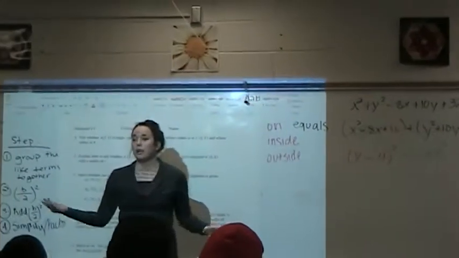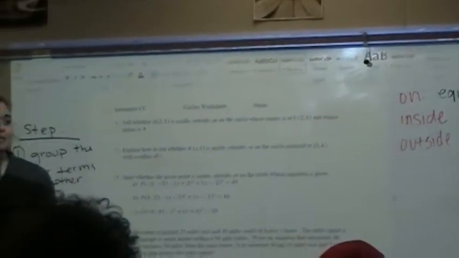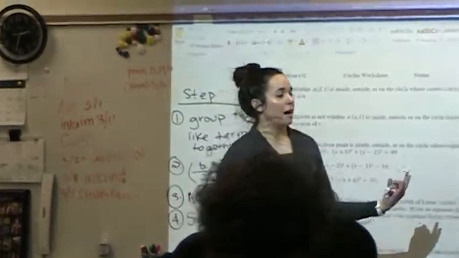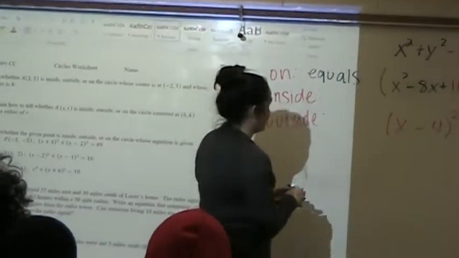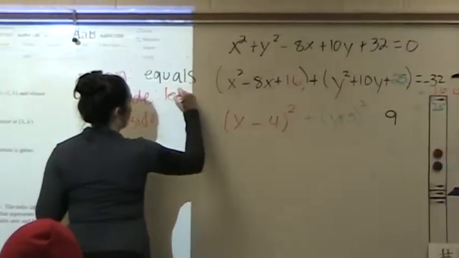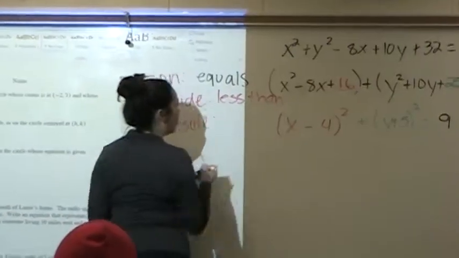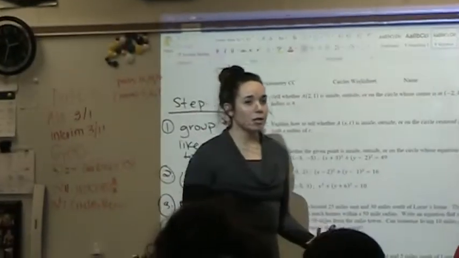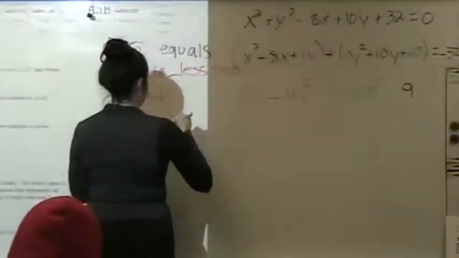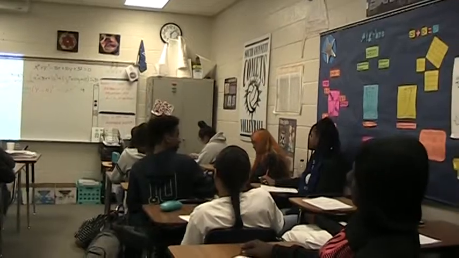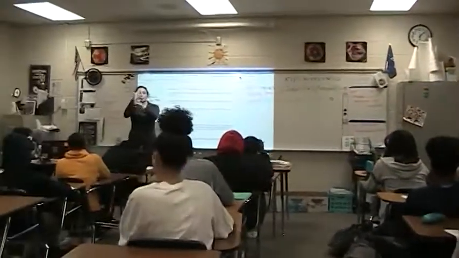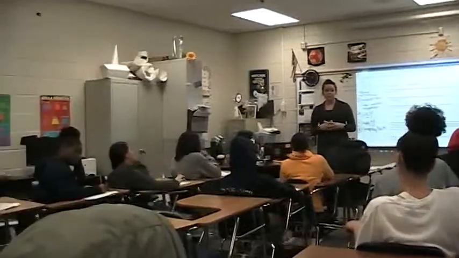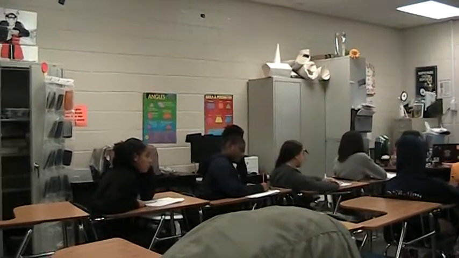If it's equal, that means 9 equals 9. If I am inside the circle, the left-hand side is less than the right-hand side. If I'm outside, what is it going to be? Greater than. So I'm going to have to create an equation, substitute in some x and y, and see if it's inside, outside, or on.